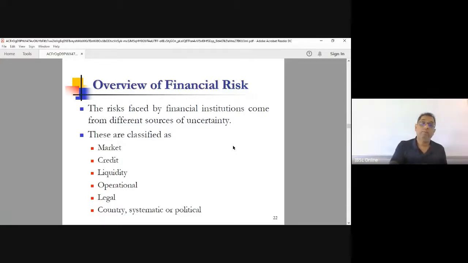You have to look at it from a more global view, because it is also impacting your clients. If it impacts your clients, then it's going to impact you, and therefore your ability to manage your own balance sheet. So this country, systemic or political risk is not only about Sri Lanka in this case, or your specific country. It's about the global environment and how connected you are as well.